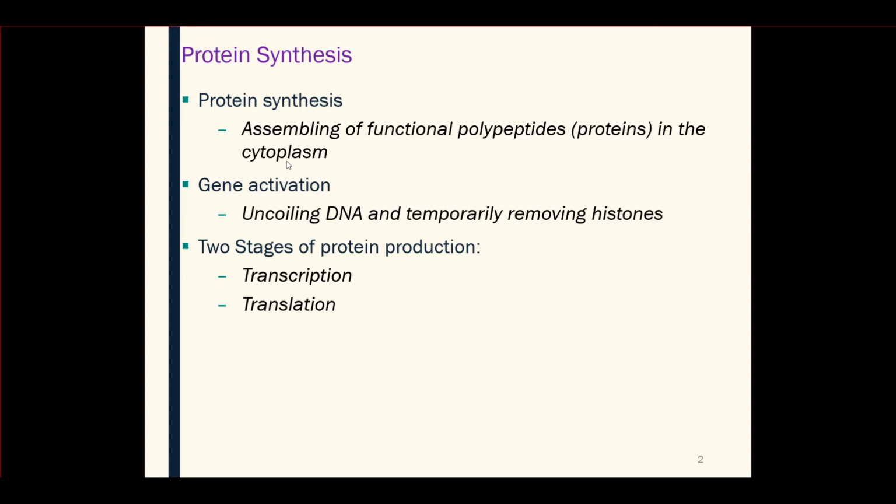Now, if you also remember, DNA is a double helix, right? Double stranded helix. In order to get the process of protein synthesis rolling, we need to activate that gene. What we're going to do is uncoil the double-stranded helix, or at least the part where the gene is.